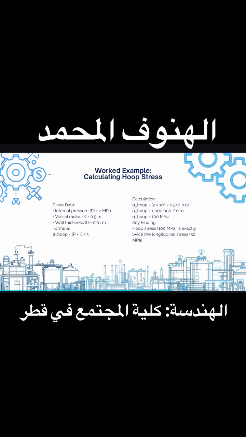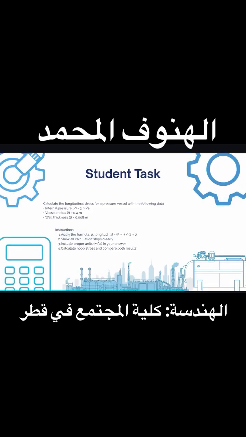Now, calculating hoop stress. Given data: 2 megapascals for the internal pressure, radius is 0.5 meters, and wall thickness is 0.01 meters. As you can see, hoop stress is 100 megapascals, exactly twice the longitudinal stress. Now, try it yourself.